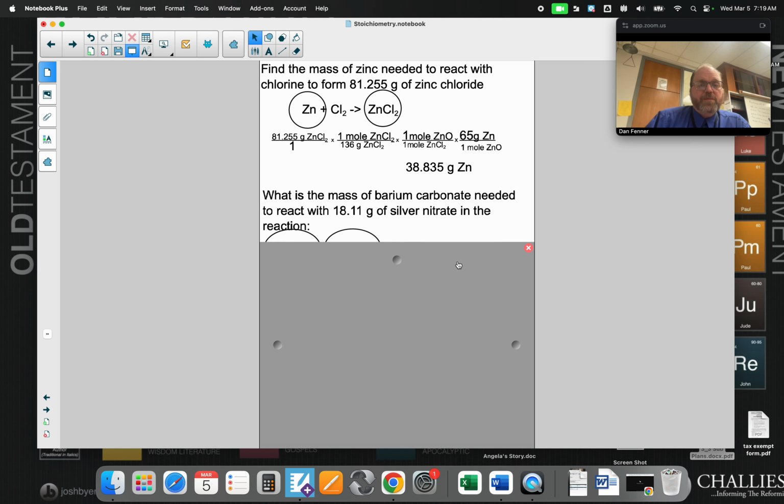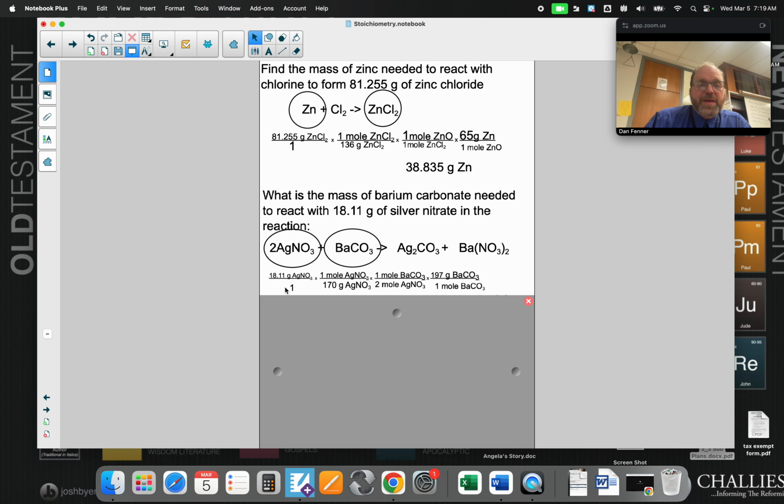For the second, we have to balance the reaction first, so put a 2 in front of the AgNO3. I'm interested in these two, silver nitrate and barium carbonate. Now, put the given over 1. Formula mass: silver 108, nitrogen 14, 16 times 3 is 48. 48 plus 14 plus 108 is 170 grams is 1 mole. Now, that's always for 1 mole.